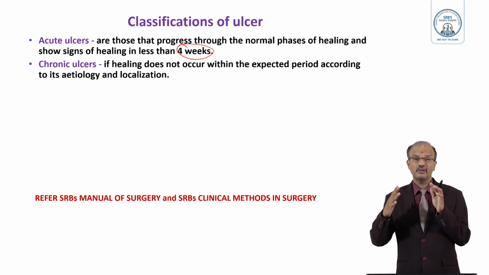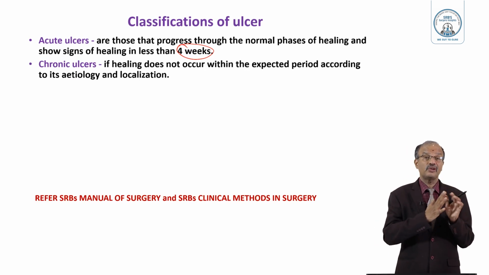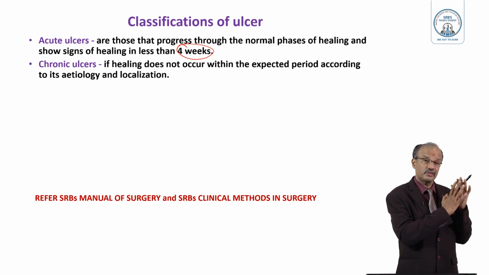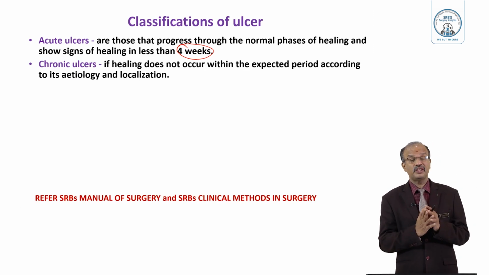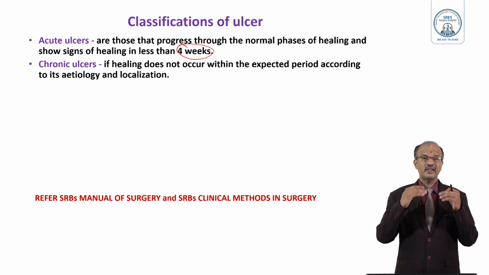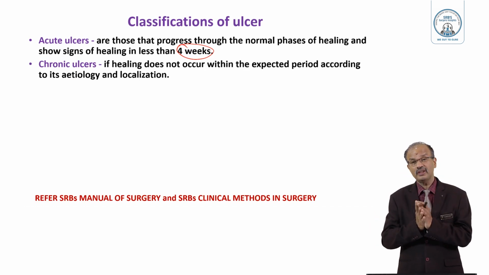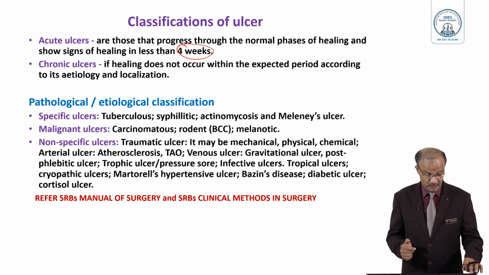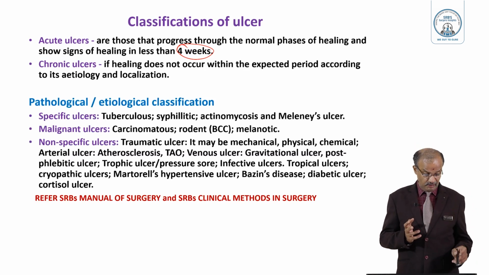Each ulcer behaves differently because of anatomic location and etiology. So if it doesn't heal in the expected period, you call it a chronic ulcer. Usually it is 4 weeks, but not necessarily always. It is individualized. So pathological classification is again important.